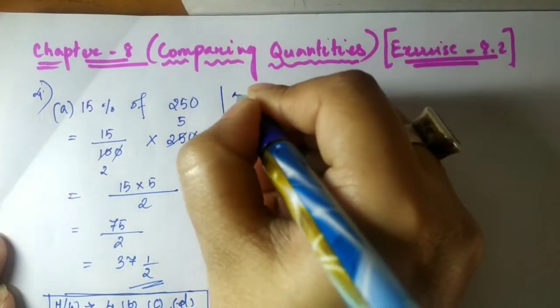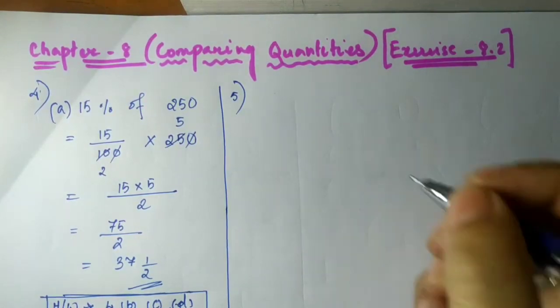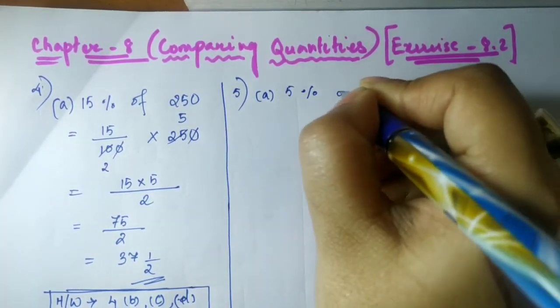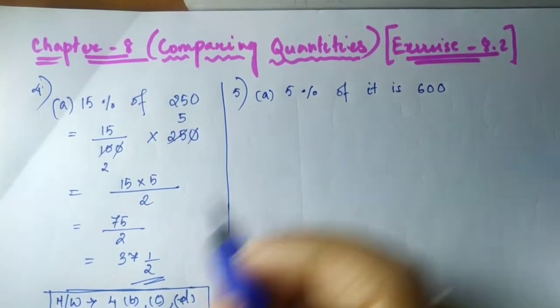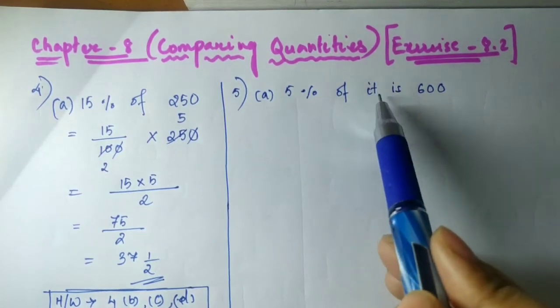So what is given in question number 5? In question number 5 it's given: find the whole quantity if number A is given 5% of it is 600. I have to find the whole quantity. Means when it is given 5% of it, I have to find this.